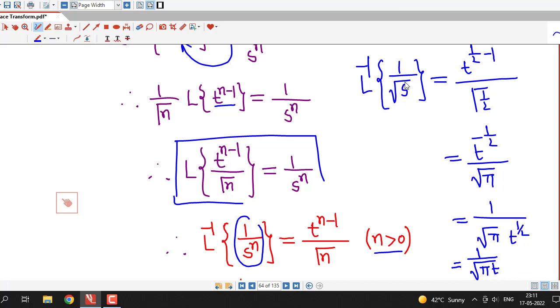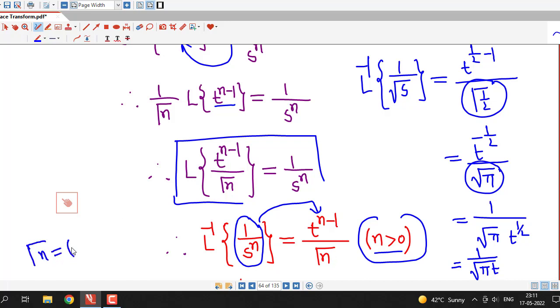L inverse of 1 divided by square root of s is obtained using this formula by taking n equal to 1/2 and considering gamma 1 by 2 equal to square root of pi. We know that the value of gamma 1/2 is square root of pi, so we have substituted. And we know that if n is an integer, then gamma n will be equal to n minus 1 factorial.